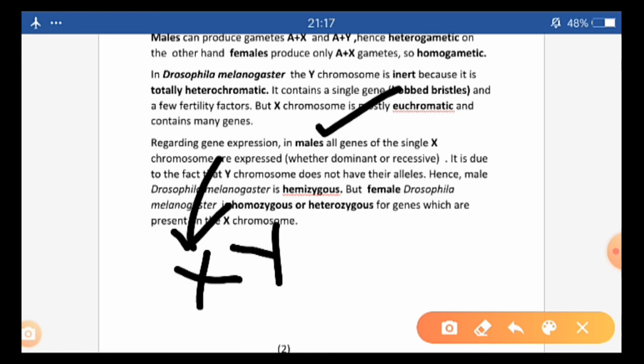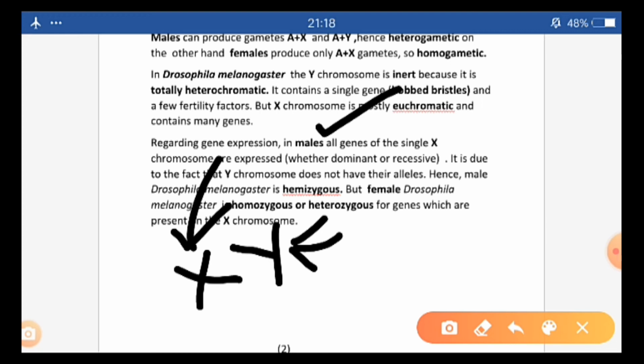All the genes of the X will be expressed. Okay, and there is no any allele in the Y chromosome. So the genes present in the X may be dominant or may be recessive. Either dominant or recessive, all will be expressed, because there is no any other allelic genes in the Y chromosome.